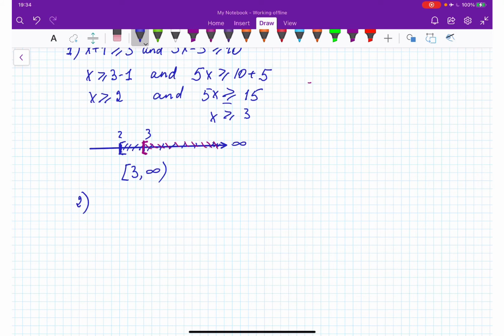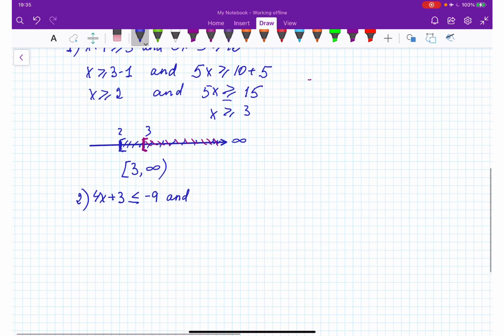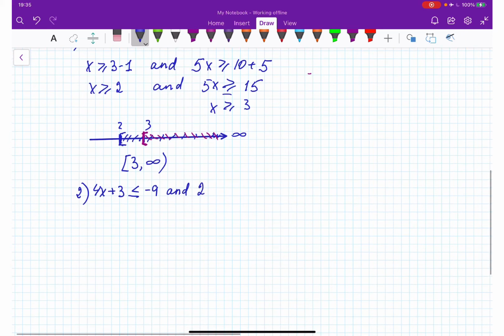Question number 2, 4x plus 3 less or equal negative 9 and 2x less or equal 0.